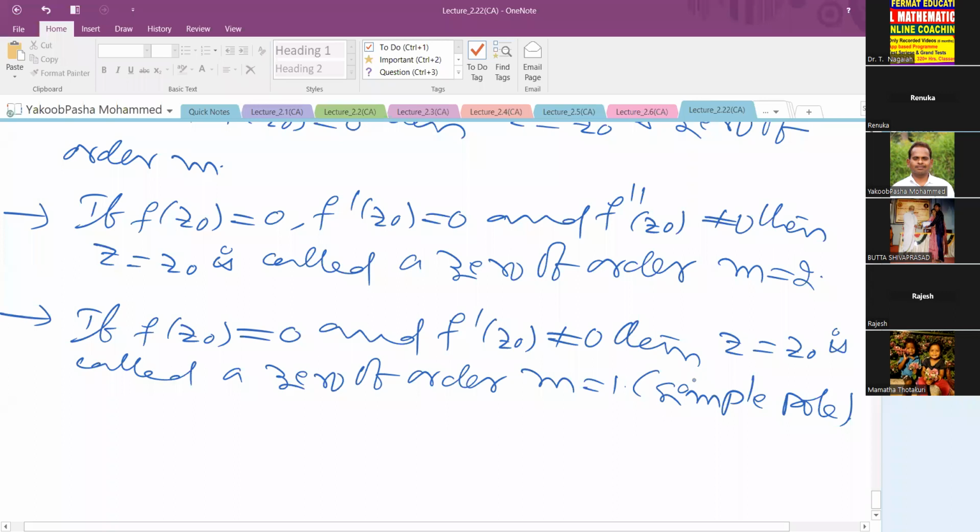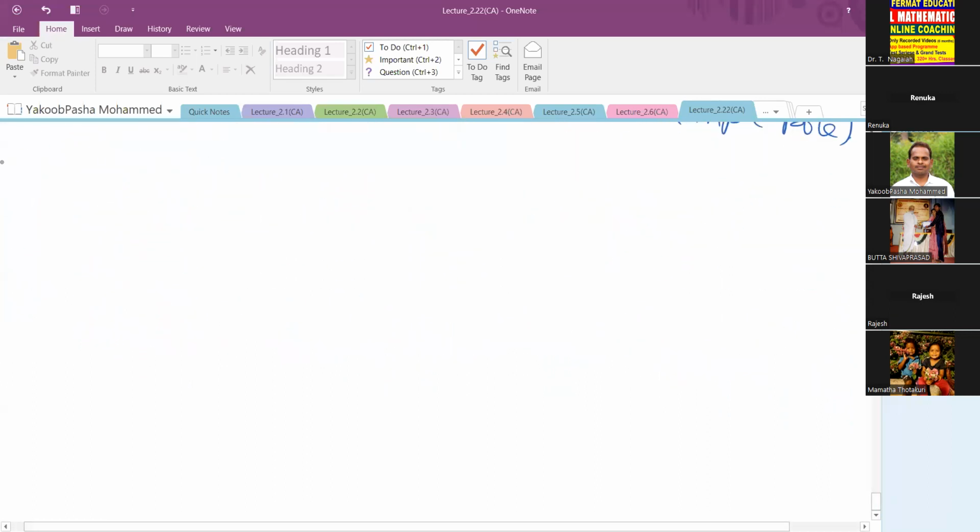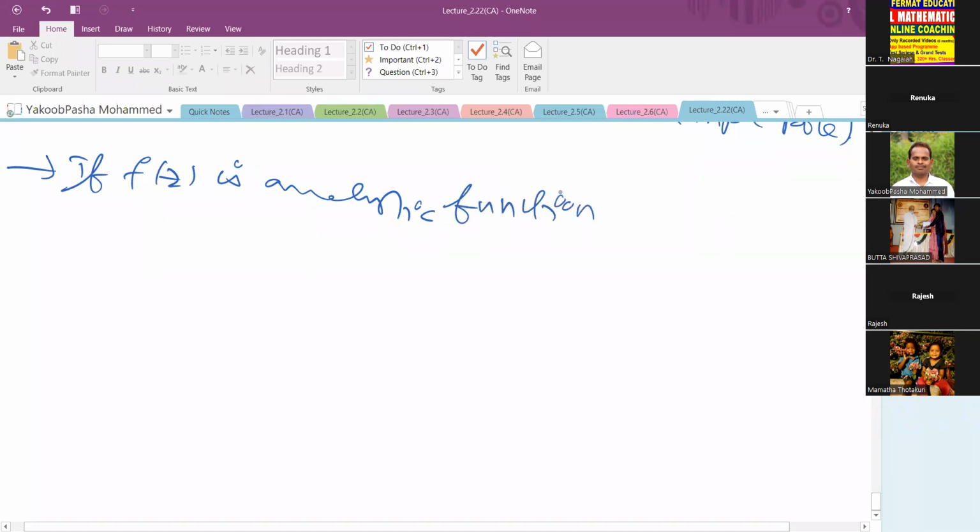Okay. Now, if f of z is an analytic function in some neighborhood of z0, that means in the domain modulus of z minus z0 is less than some r, I'm taking small r, it is a disk.